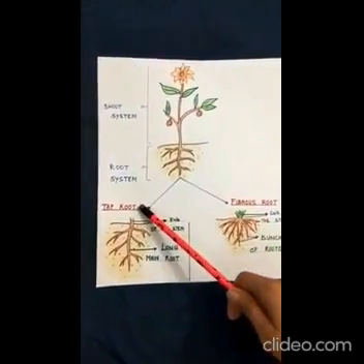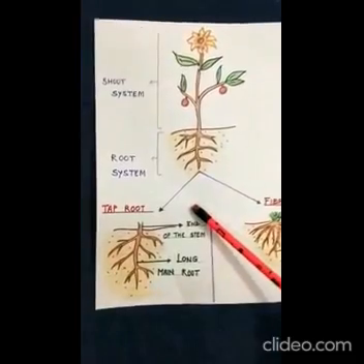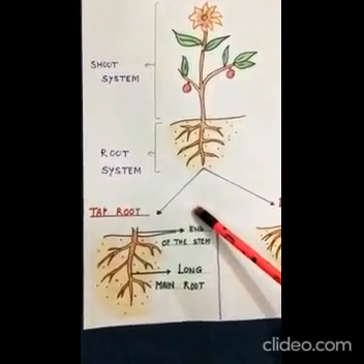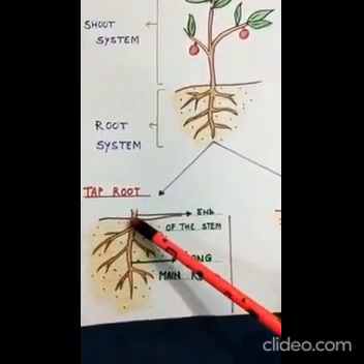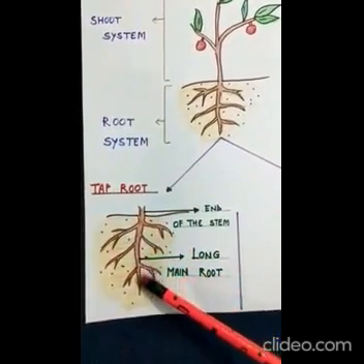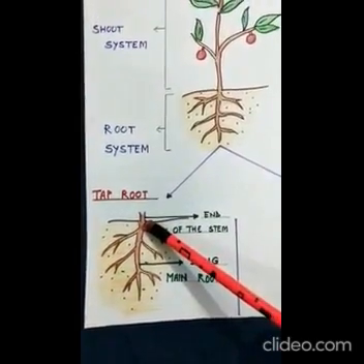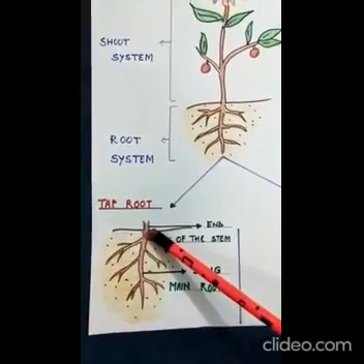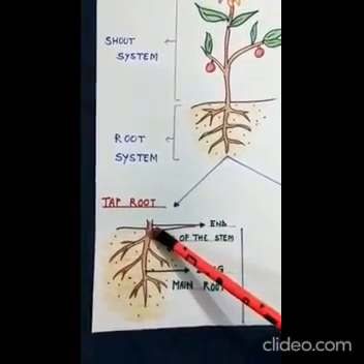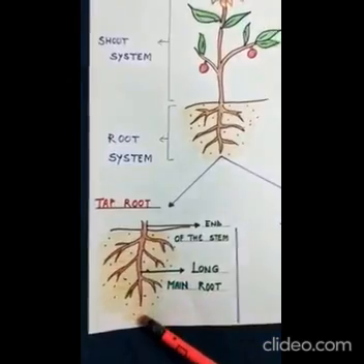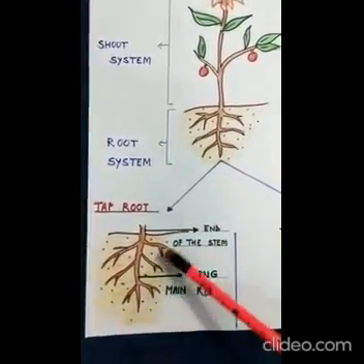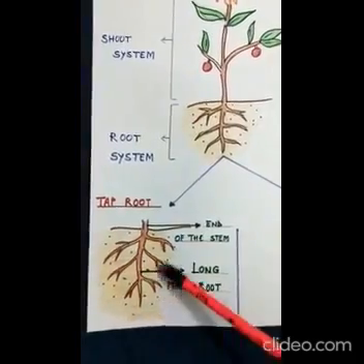The first type is taproot. Children, in taproot, there is a thick main root that starts from the end of the stem, and this thick main root goes deep into the soil. This kind of root is called taproot.